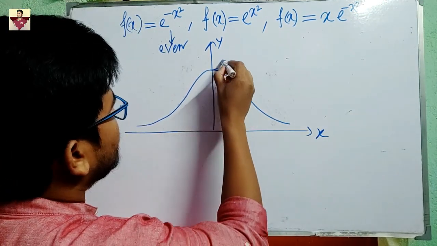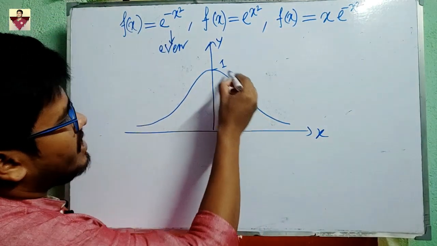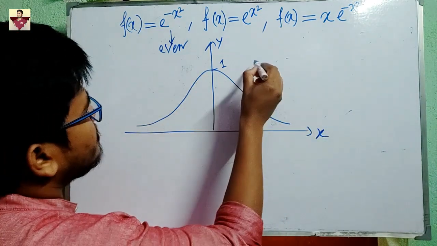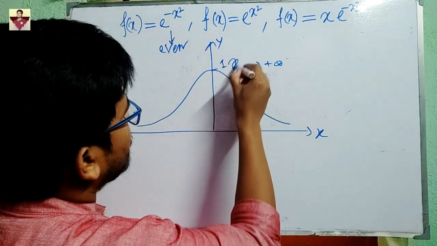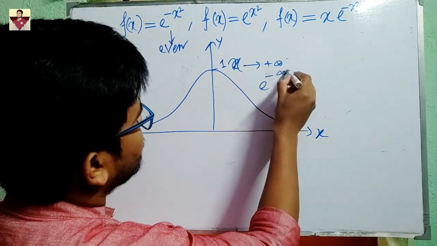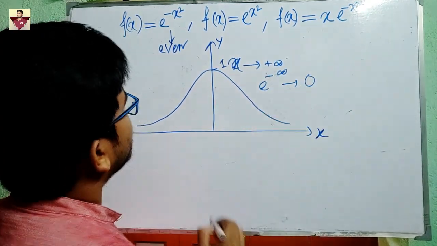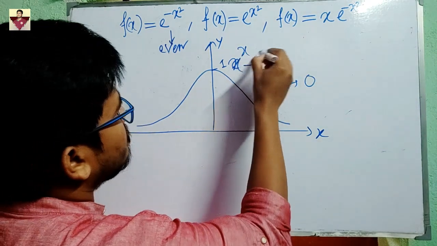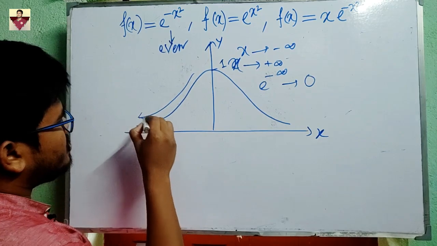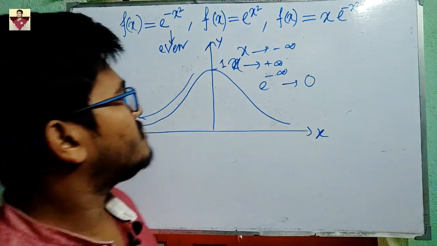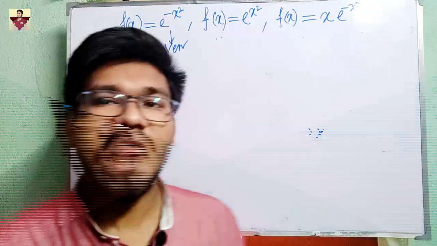This is e to the power 0, starting from 1. When x is going to plus infinity, then e to the power minus infinity is 0. Or if x goes to minus infinity, then this function will slowly die out to 0. It is as simple as that.